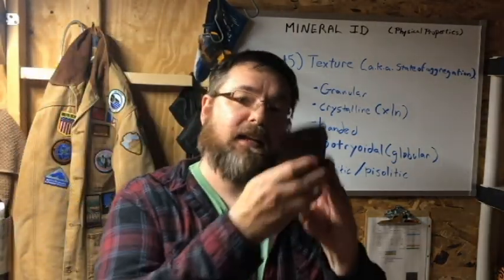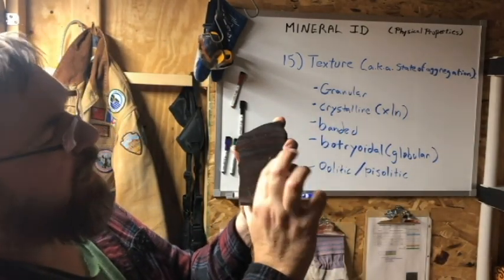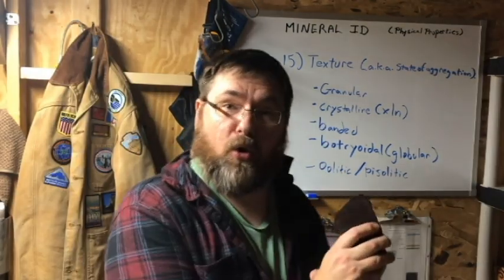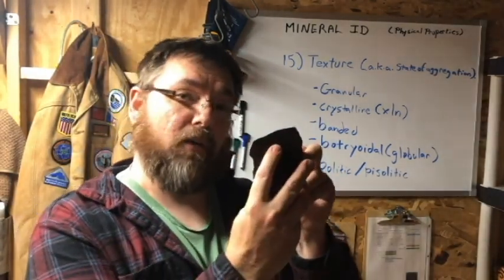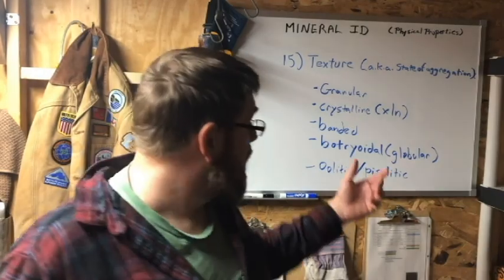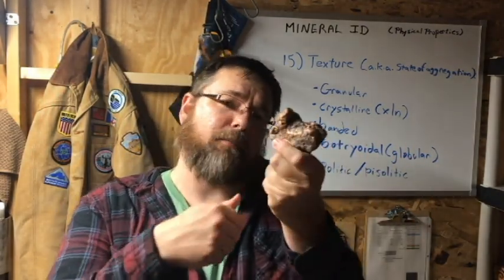And we have banded, which technically this is not one mineral, it's 2. We have the gray hematite interbanded with jasper, which is really just red chert, which is a mineraloid, and hematite is a mineral. So maybe we do just have one actual mineral in this rock. Botryoidal, or I just say globular, would be something like this piece of copper.